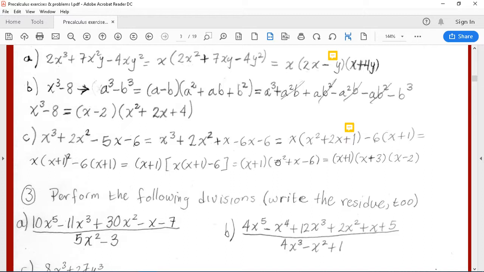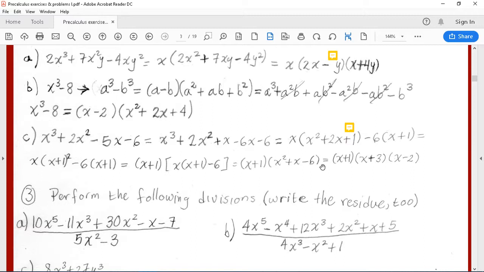Since this is a quadratic expression in which the coefficient of x squared is 1, that means the factors are of the form x plus a times x plus b.